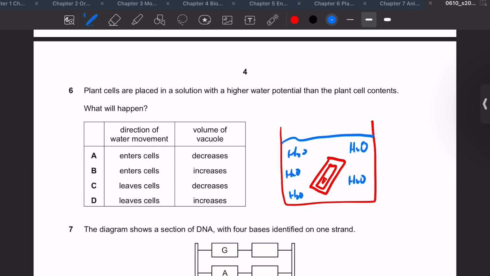As we already know, osmosis happens when there's a higher water potential and also a lower water potential. So the water molecules will move from the higher water potential to the lower water potential through a semi-permeable membrane.